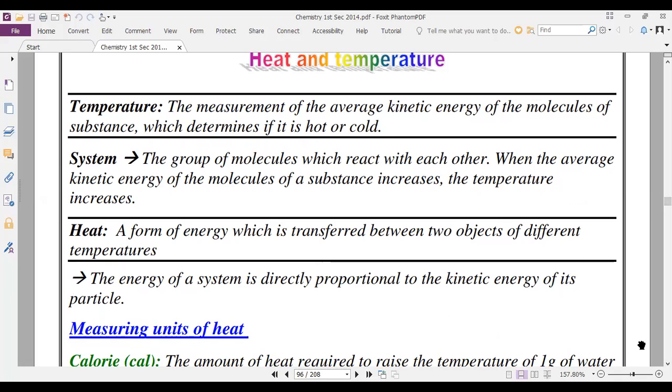What's meant by system? The group of molecules which react with each other. When the average kinetic energy of the molecules of a substance increases, the temperature increases. I don't understand.